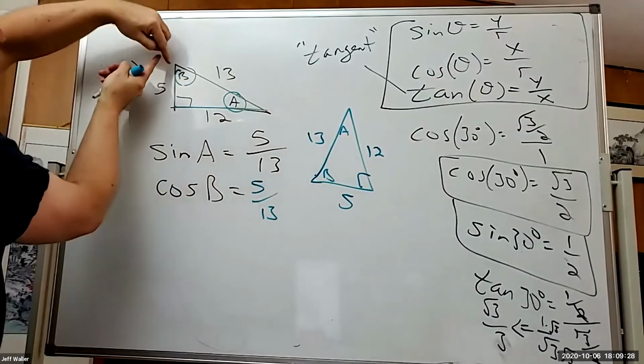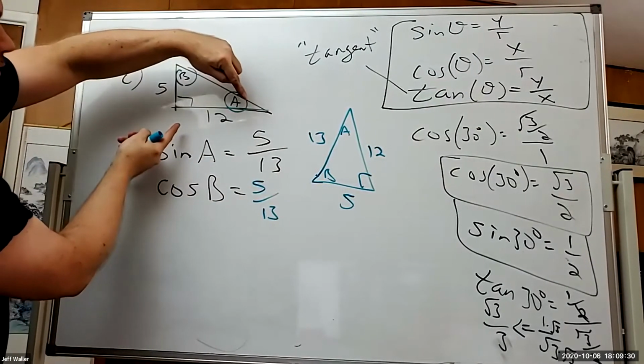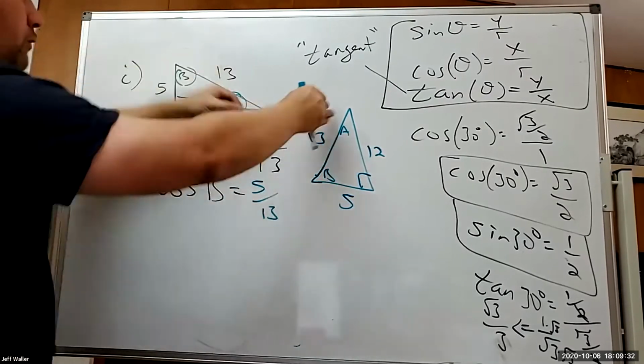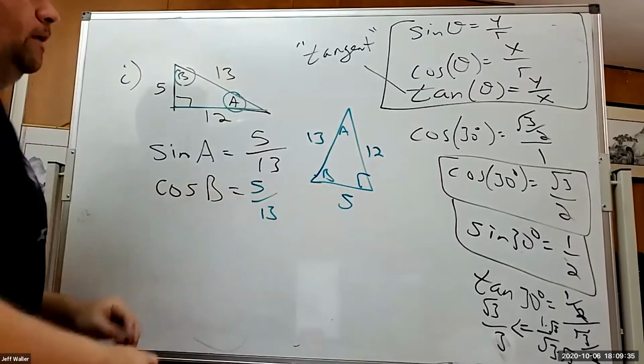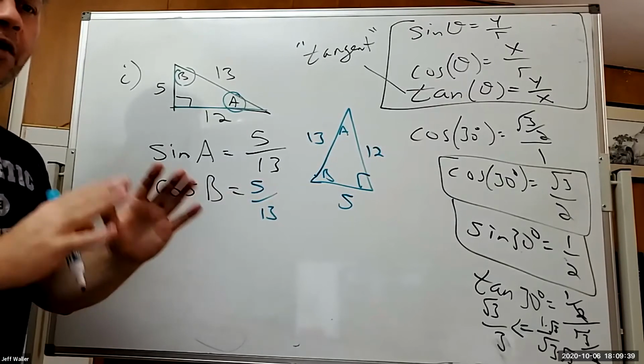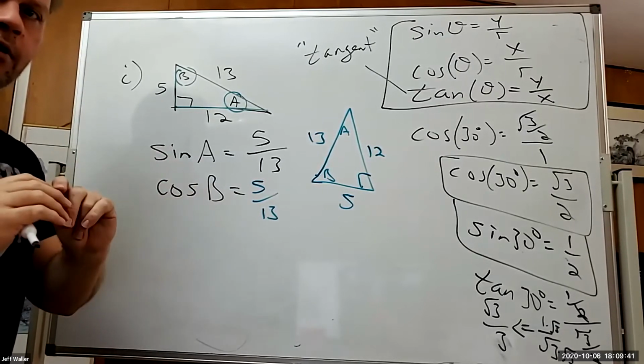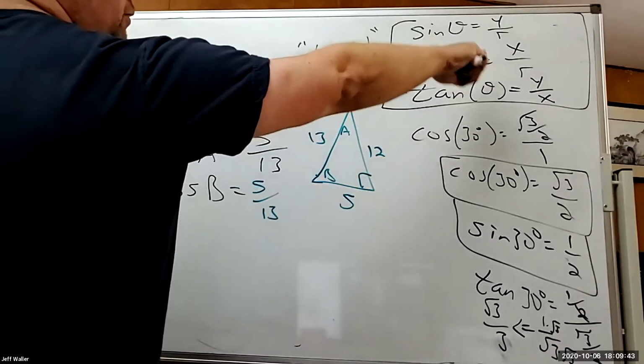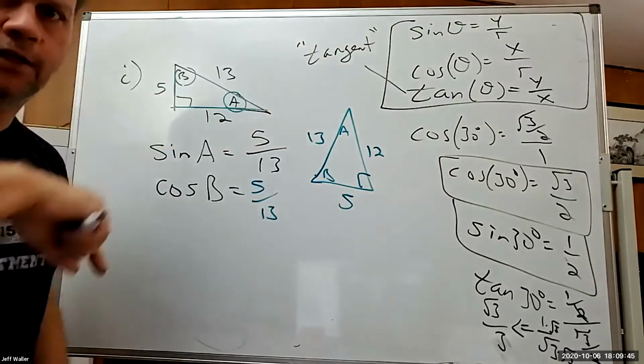If I'm given B, it creates this triangle. So I have to rotate it so that it's in the base. That's the one thing you've got to be careful about if you're using those definitions for sine, cosine, and tangent.